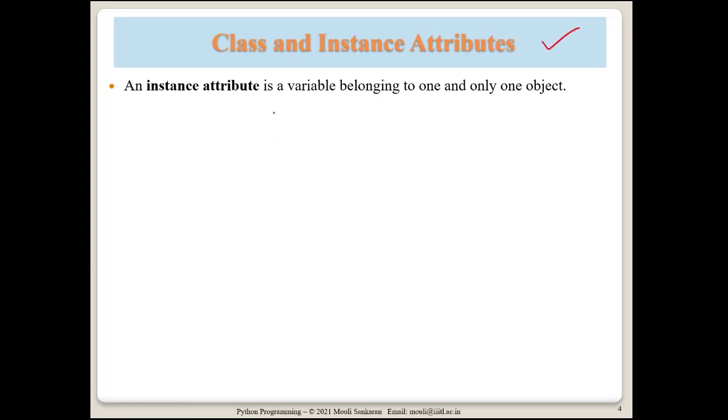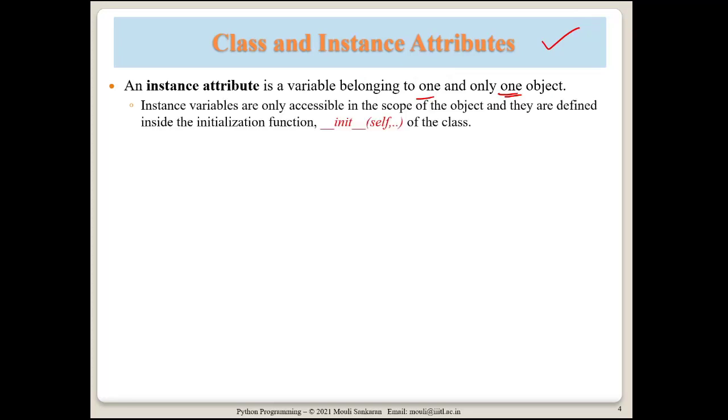An instance attribute is a variable belonging to one and only object. Instance variables or attributes are only accessible in the scope of the object, and they are defined inside the initialization function of the class. But you can also do it with other functions, which we saw.